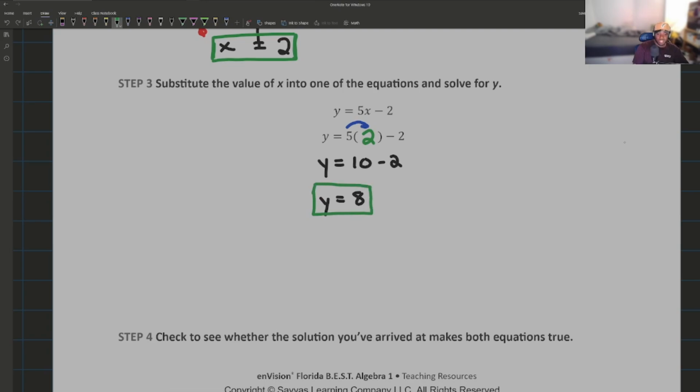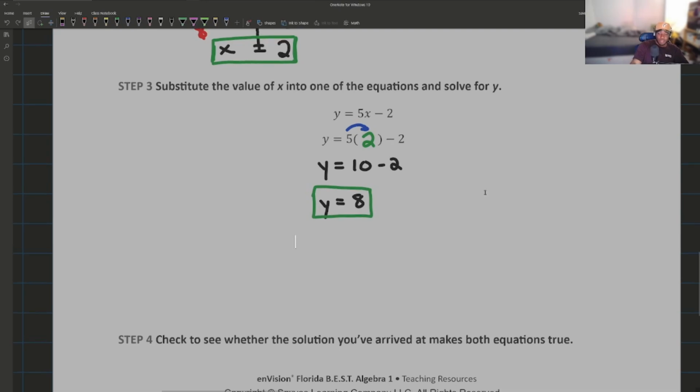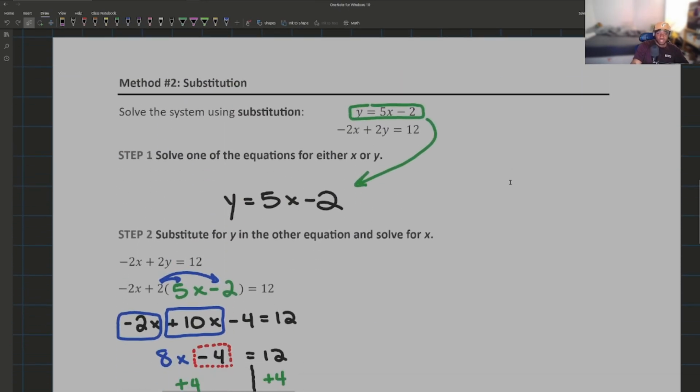And because we're dealing with the same system, the solution is exactly the same. The place where these two lines cross is going to be at this point, 2, 8.